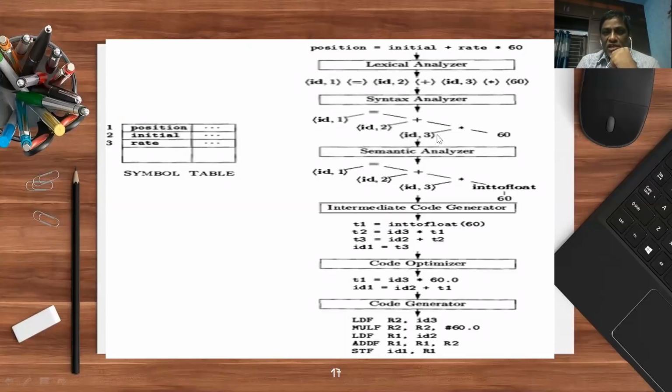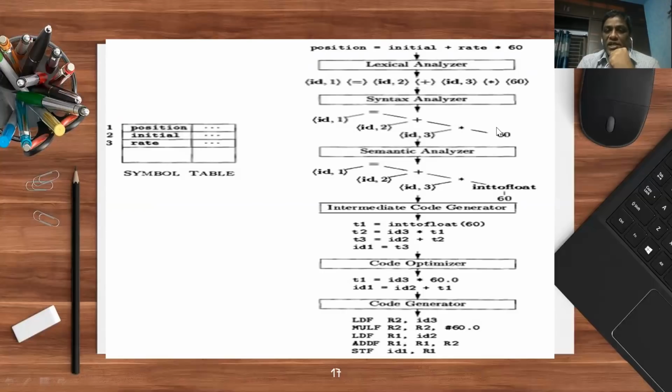Identifier 3 is a float data type, assume like that, and 60 is an integer. So when you multiply a float data type into 60, what should be the result? The result should be float. Therefore, to multiply 60 with this float data type, 60 should be promoted to float.